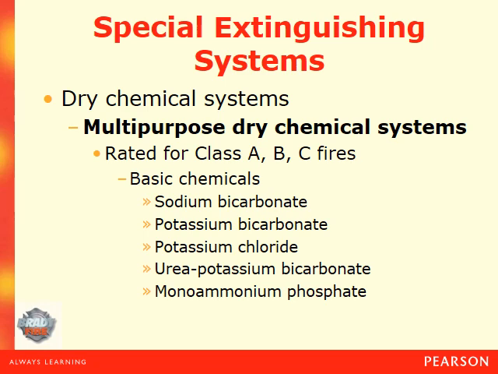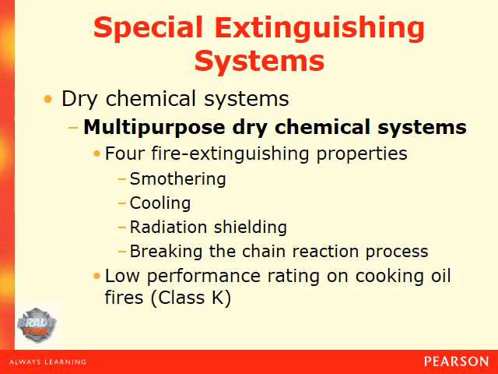They are made by using various components of sodium bicarbonate, potassium chloride, urea potassium bicarbonate, or monoammonium phosphates, again, to be used to smother and put out the fire. There are 4 extinguishing properties of these dry chemical extinguishers. They can be smothering, cooling, radiant shielding, and they break the chain reaction.